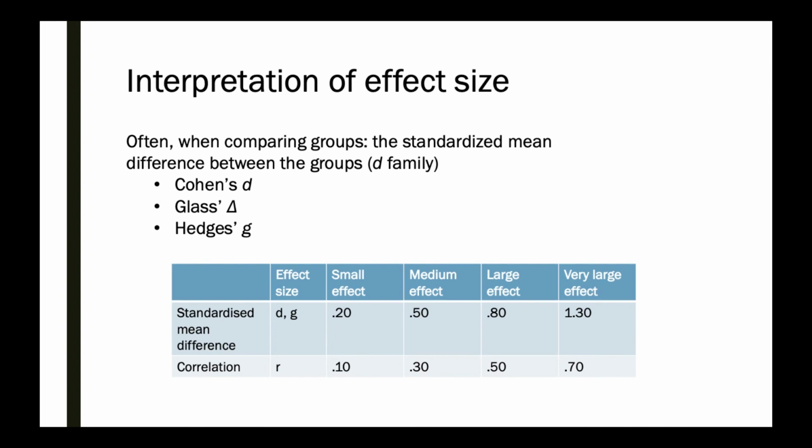There are two families of effect sizes, which you may see in the articles, namely the ones from the d family, and those values indicate the standardized mean difference between the groups. And then the other one is correlation. From the table, you will see that the cutoff values, for example, for medium effect, are different depending on whether you have used standardized mean difference or correlation.